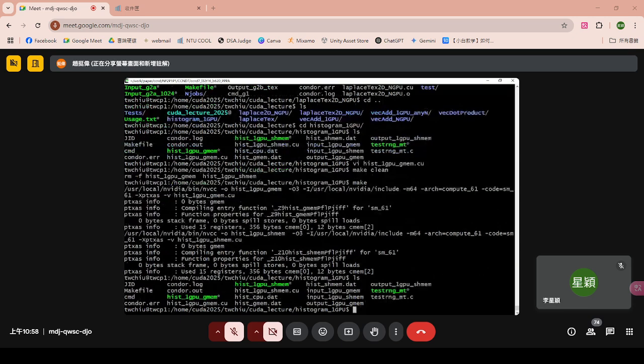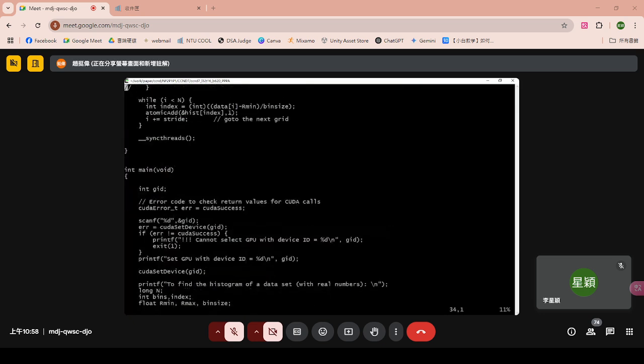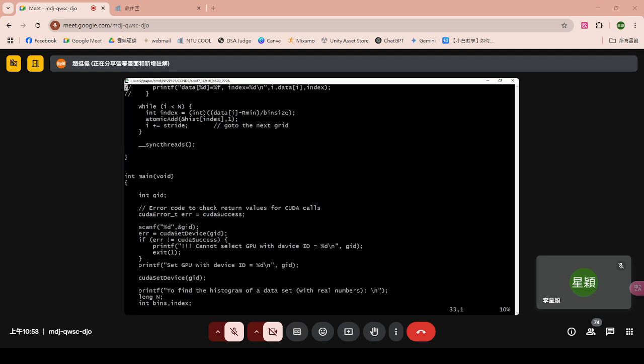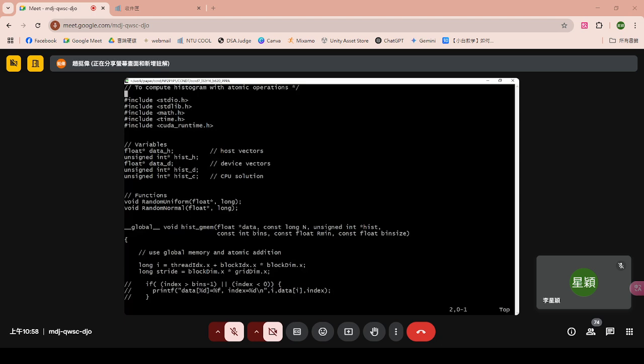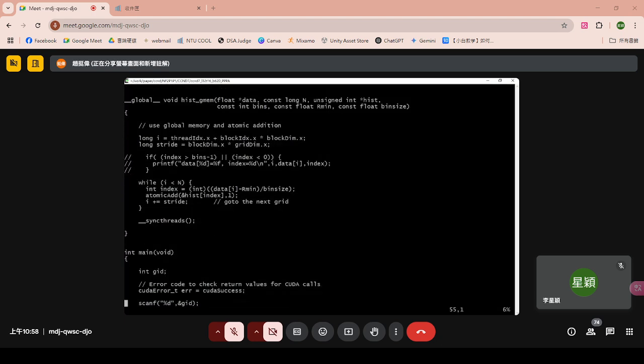Should I go through the code again? One GPU, global memory. Okay, let's see. So this is the device code.